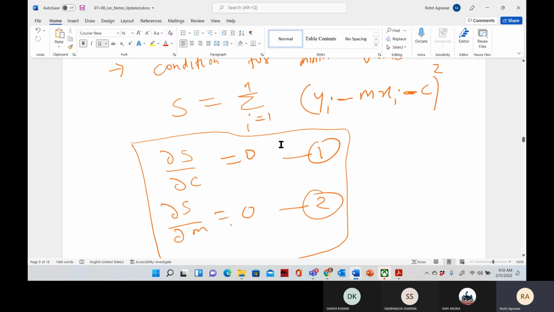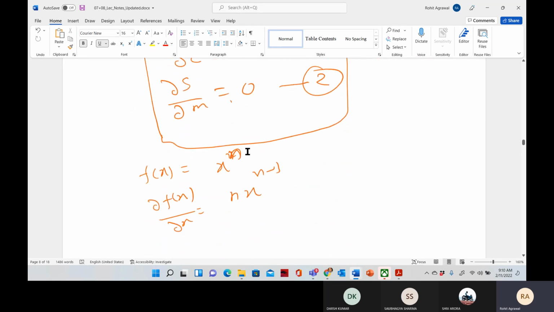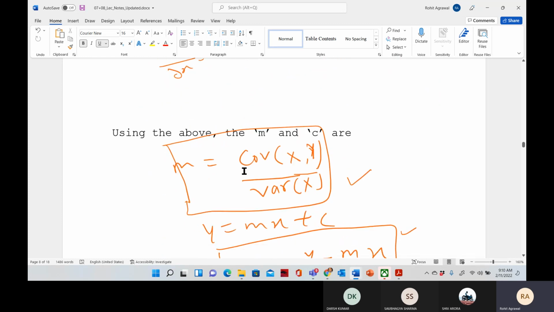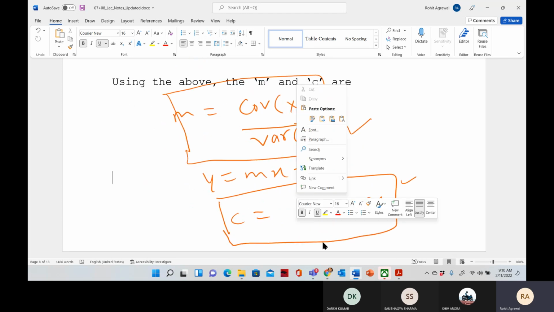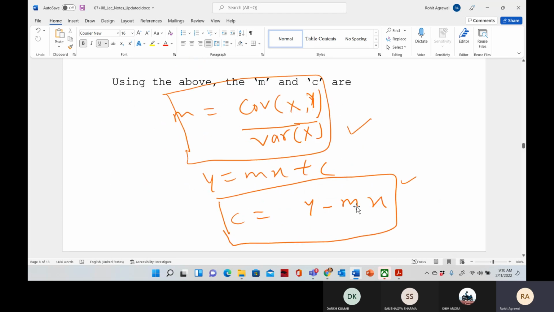Whenever we minimize this using calculus, we will have m and c. So this will be your m value, that means covariance of x comma y divided by variance of x, and c is equal to y bar minus m into x bar, where m we have already derived. Okay, so these are our m and c values.